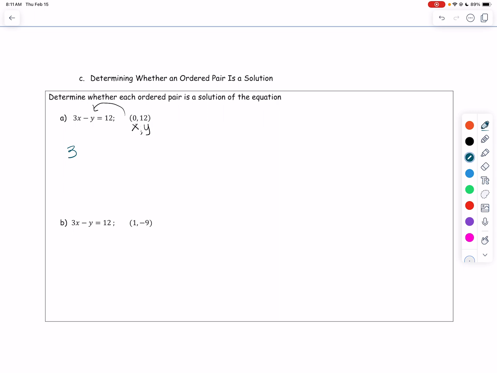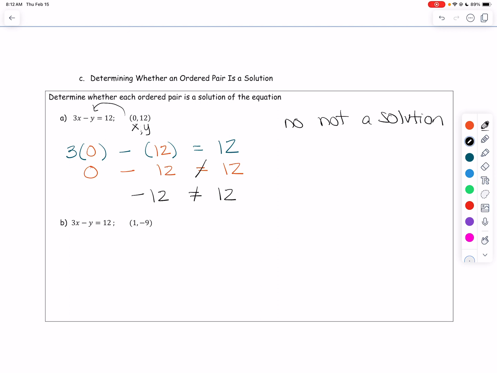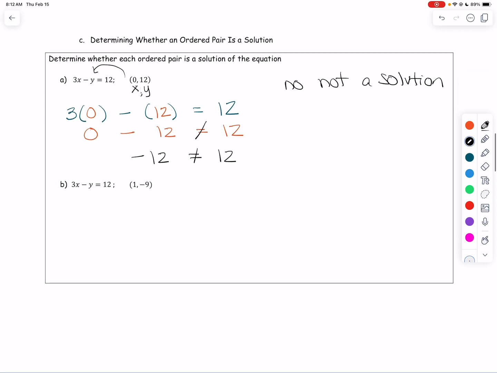So if I'm going to take 3, replace the parentheses for x, subtract the y, and I want to see, does that equal 12? When x is 0 and y is 12. And so we get 0 minus 12, and that does not, because -12 does not equal 12, so we would say no, not a solution. And these are just going to be yes and no questions in your Hawks, so it's just a click a yes or click a no, okay?